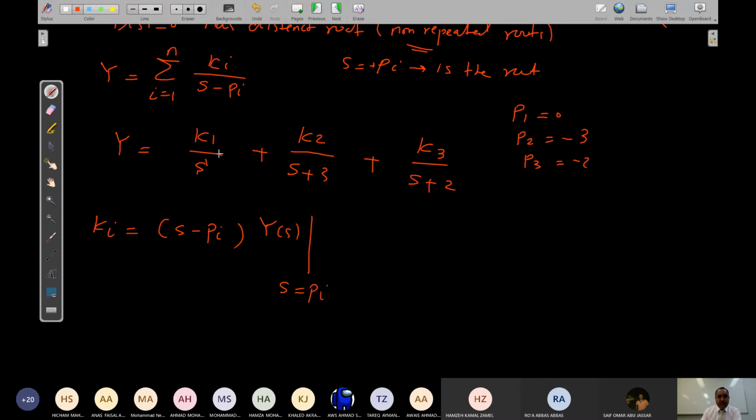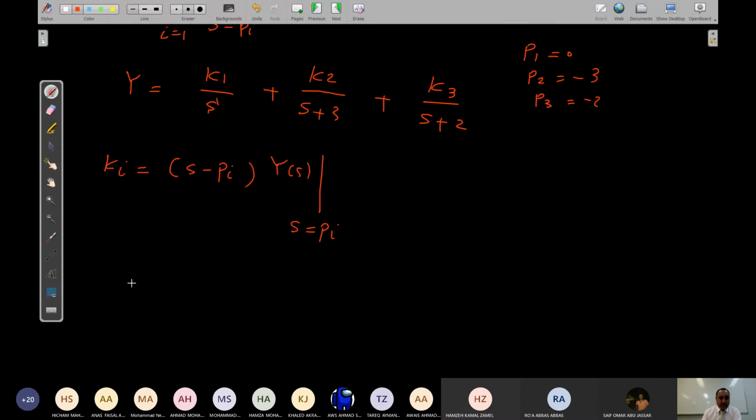So if I need to find K1, K1 equals s minus P1, which is s, multiplied by Y of s, which was 1 over s squared plus 5s plus 6, or if you need to write it in the expanded form, it will also be okay.